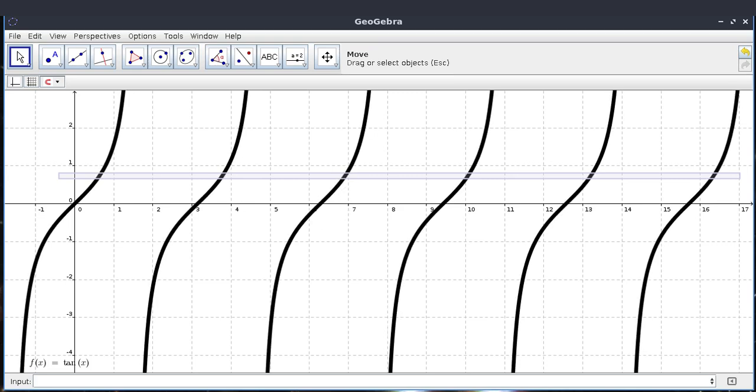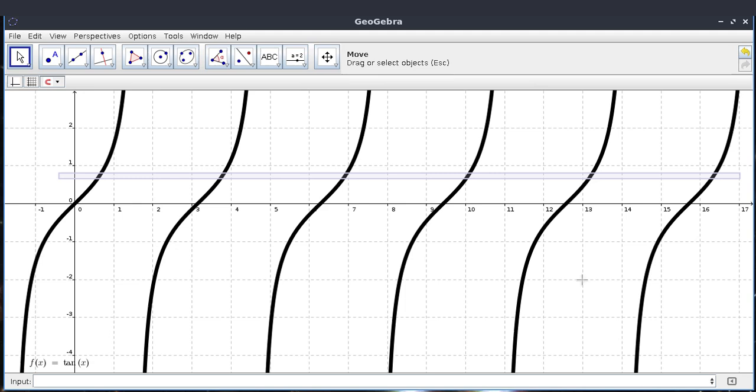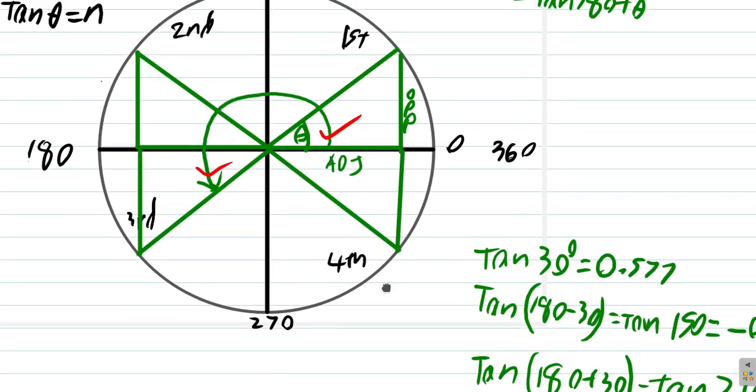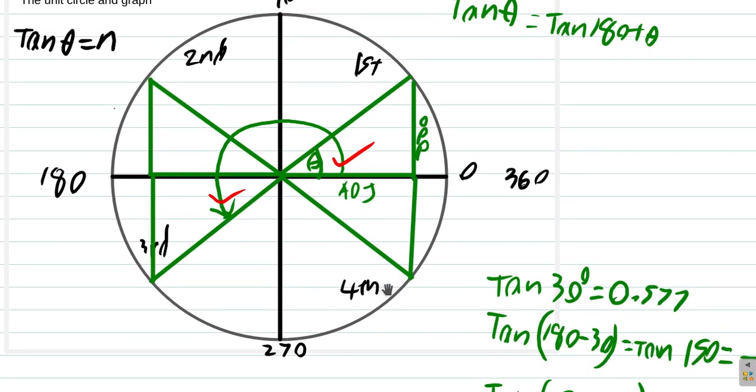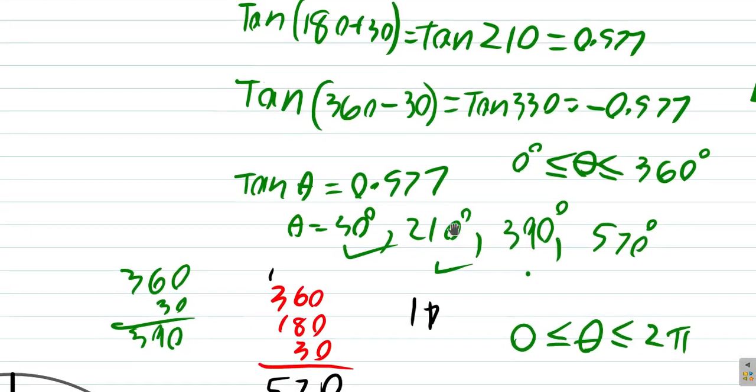Right here. So it goes on and on like that. So you could use a graph or you could use a unit circle to find the angles whose tangent gives you 0.577.